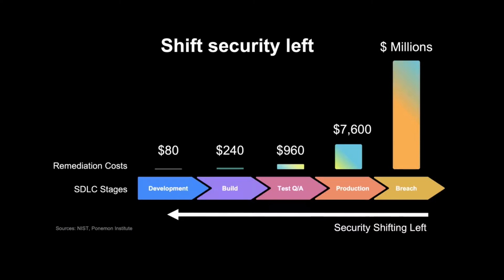If you have someone on the security team who can review your architecture, who can make sure security best practices are advised and recommended even at that stage. But as you can see, the remediation cost for a breach or a vulnerability that is found in production, or God forbid, if a breach happens, is so much higher than if you had to remediate that in your development phase itself. And this is exactly what we mean by shifting security left.